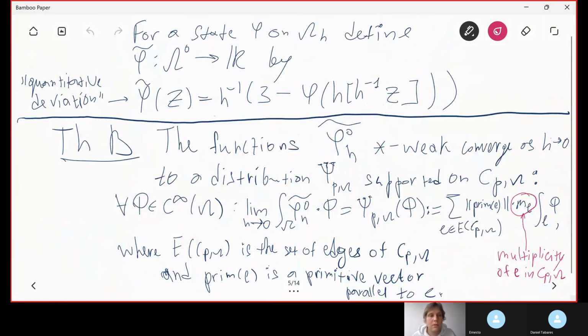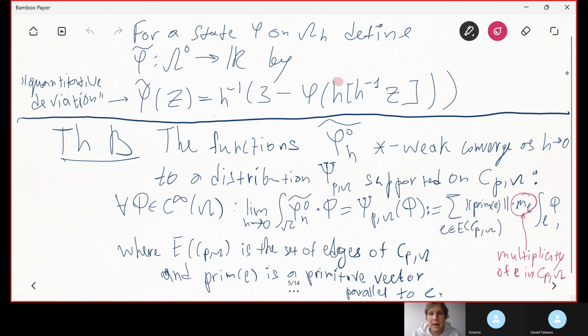And so to amend this, there is the quantitative deviation that we never called like that before. But since that set was the deviation locus, why not call this what really measures how much it deviates: the quantitative deviation. This is the rescaling by h^-1 of the difference of the state with the state 3.